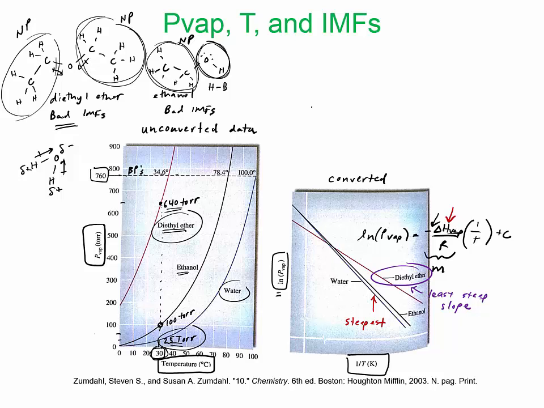So we can make a conclusion, which matches the same conclusion we made on our previous tutorial, and that's when IMFs are good. So when you have good IMFs, this results in a steeper slope on this graph.